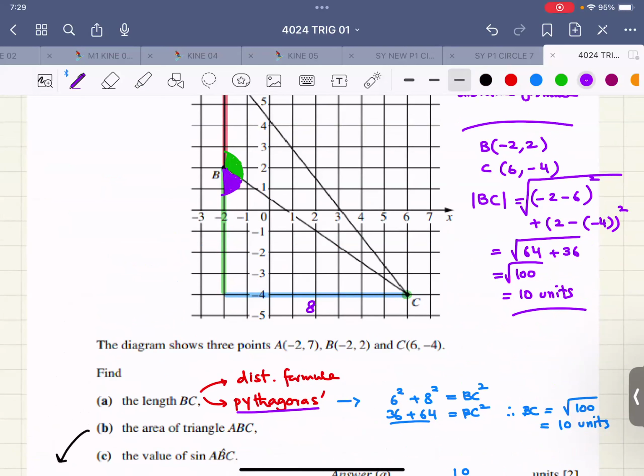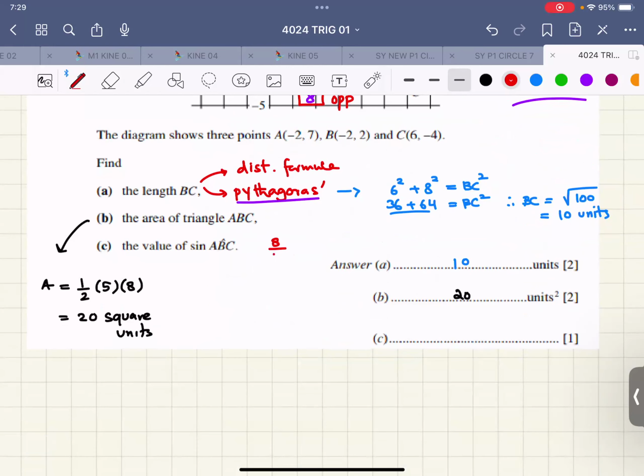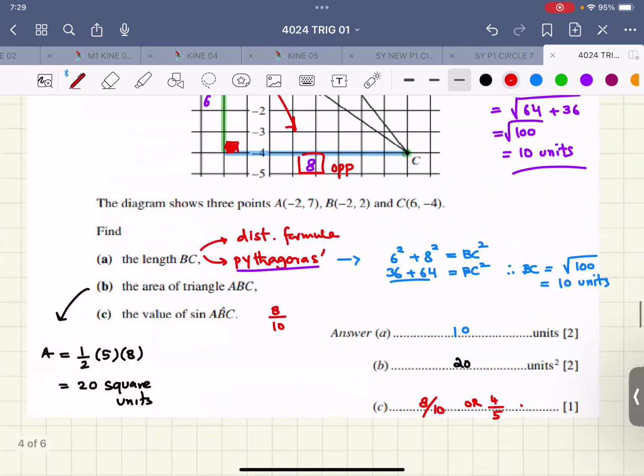This is 8 units. This is 6 units. This length is 10 units. For sine, this is the opposite for this angle. And this is the hypotenuse opposite the 90-degree angle. Therefore, sine of this thing is 8 over 10. So let me write this thing as 8 over 10. It can also be simplified and written as 4 over 5. Work in fractions as much as possible.